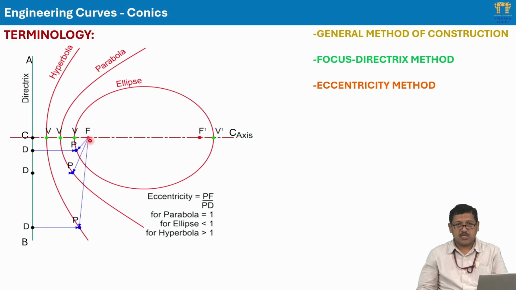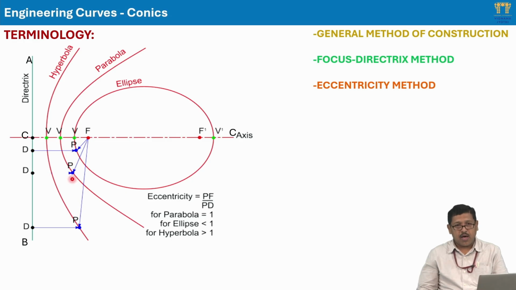So I can measure this distance PF. Similarly, I can measure the distance of point P from the fixed straight line, the directrix, which we are calling point D on the directrix. So I can measure this distance PD. So I have measured PF and I have measured PD. If I take the ratio of these two distances, then I get something called a constant.